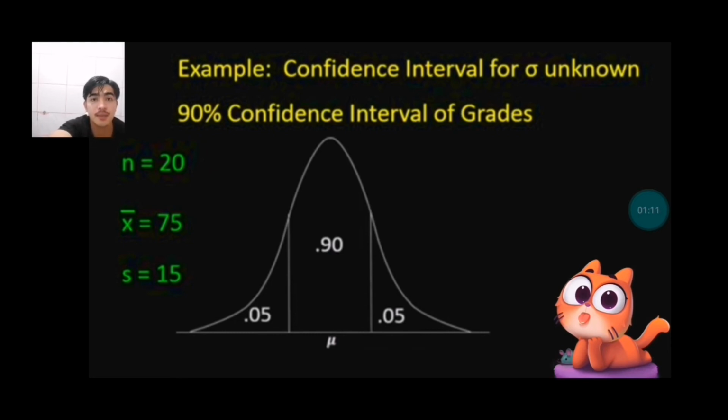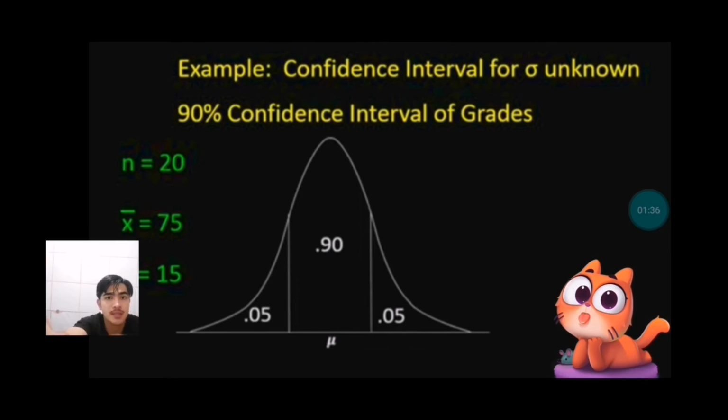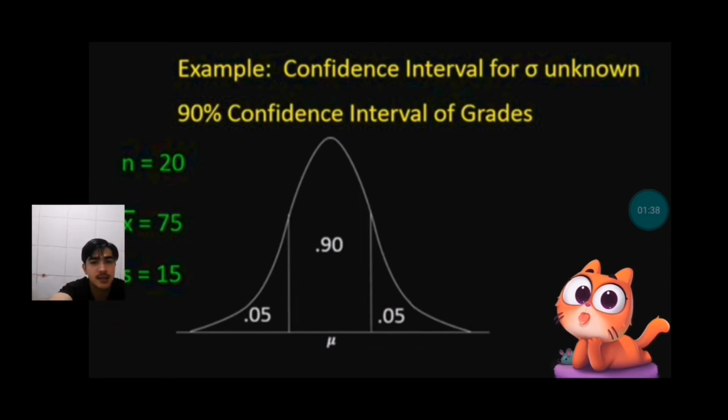Since we are drawing a 90% confidence interval, the level of significance alpha is 1 minus 0.9, which is 0.10, and alpha divided by 2 is 0.05. Then the degrees of freedom is n minus 1, so you will have 20 minus 1, which is 19.